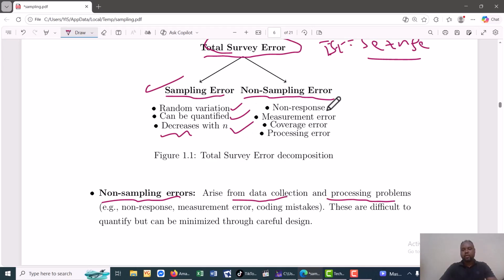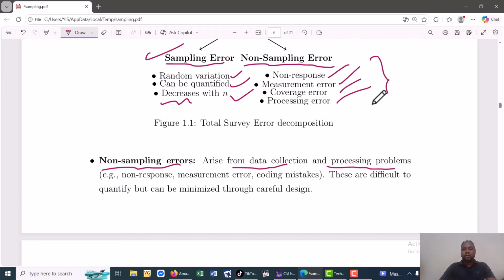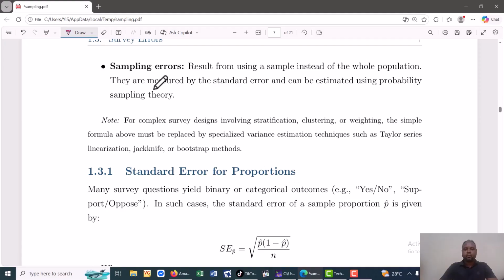Example, non-response error, measurement error, coverage error, processing error, and so on. These are difficult to quantify, right? But can be minimized through careful design. But sampling error can be measured by the standard error and can be estimated using probability sampling.